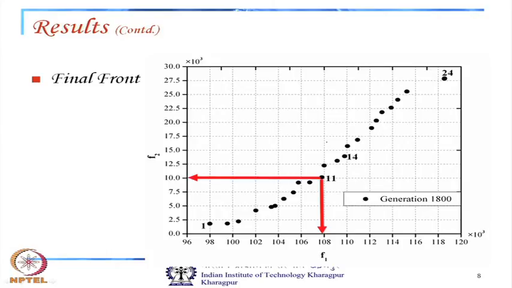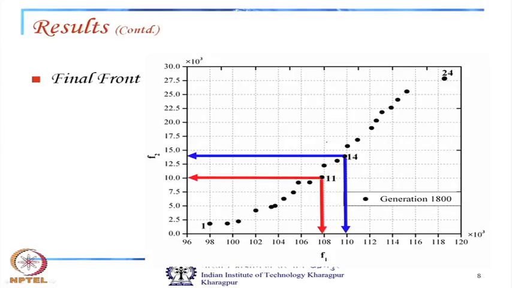In this particular front, 11 and 14 are two points, and these two points are showing two different results. Two different means 11 and 14 will give you two sets of capital Q and small q values, and with that you can explain the process.